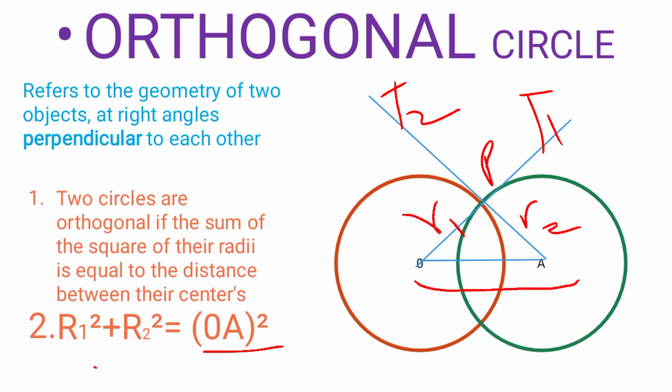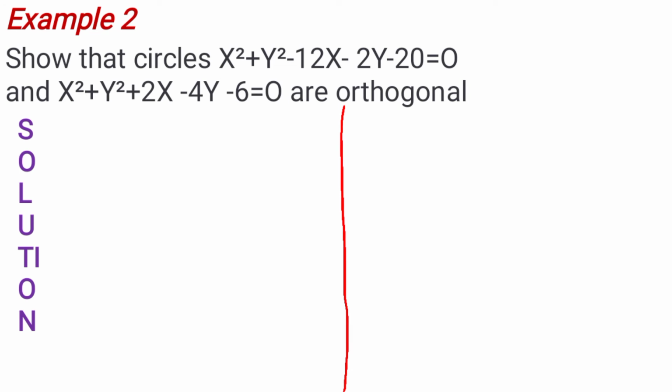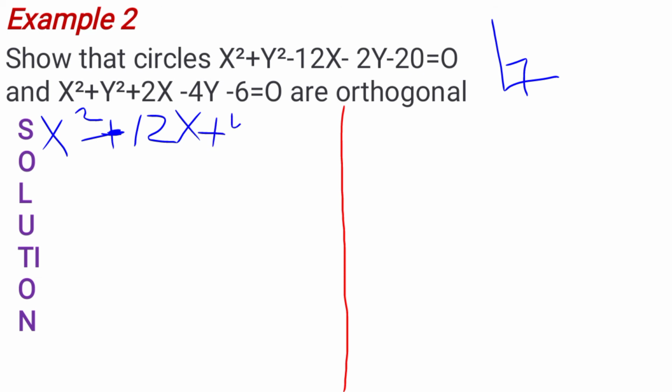Let's consider an example. We are told to show that these circles are orthogonal. That means 90 degrees to each other. First, we collect the like terms so that we get x squared minus 12x plus y squared minus 2y minus 20 is equivalent to 0.